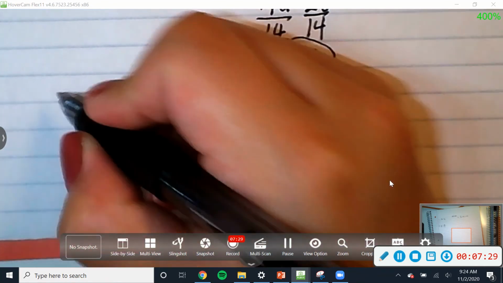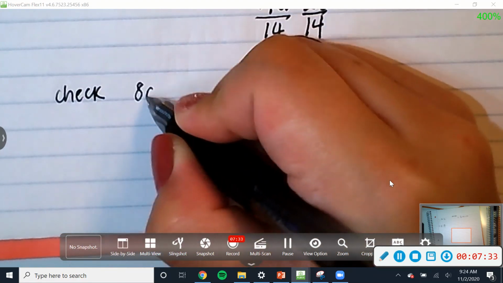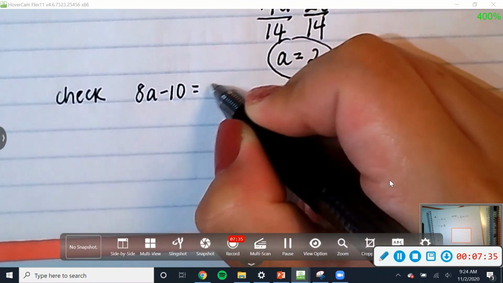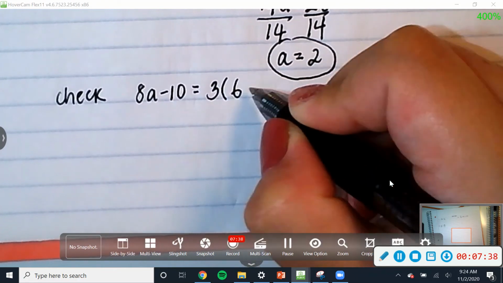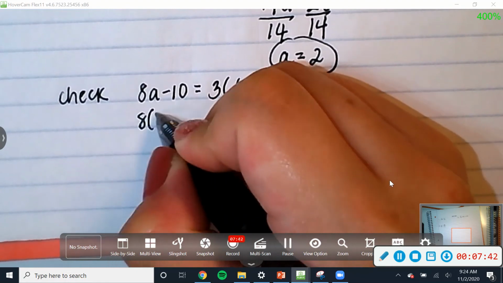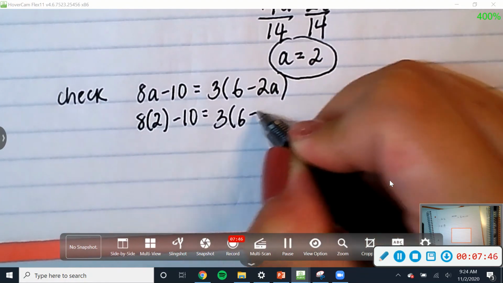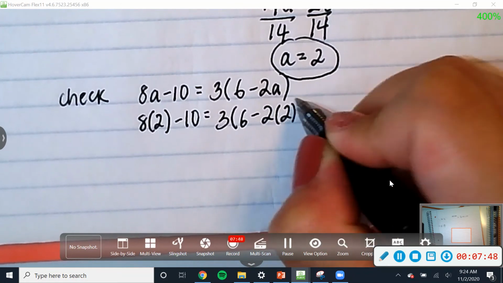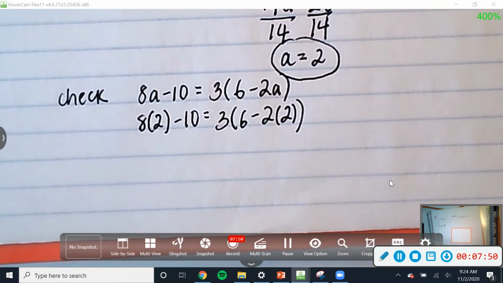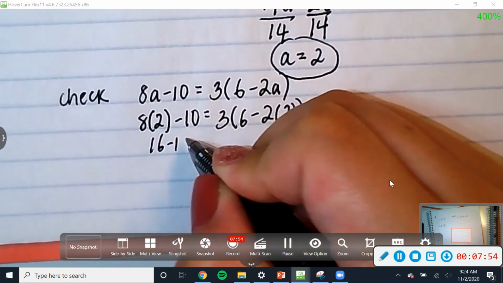So I'm going to check my answer here. Our original equation was 8a minus 10 equals 3 parentheses 6 minus 2a. So I'm going to plug in positive 2 for my variable. And I can just follow order of operations again to solve. So I will multiply on this side. So 8 times 2 is 16.